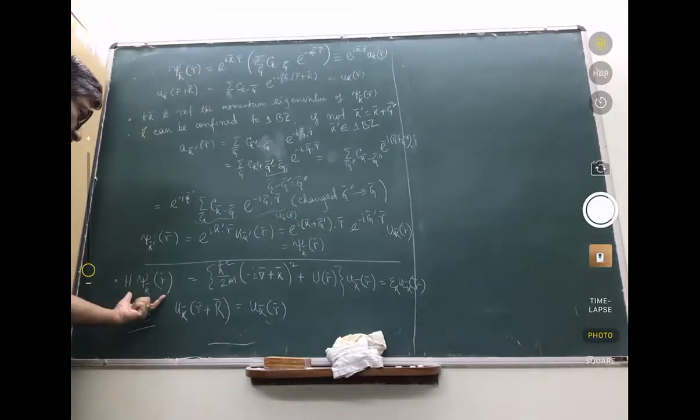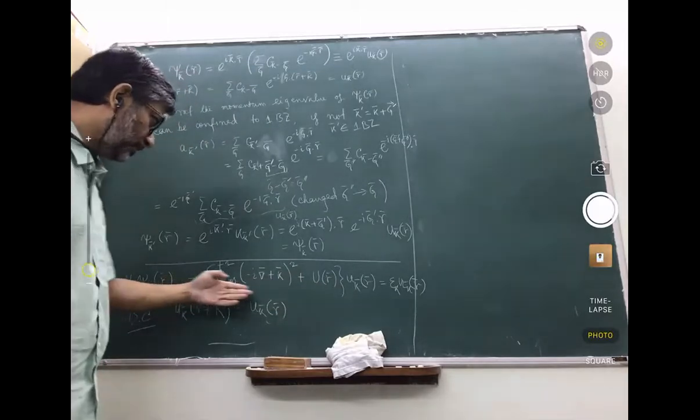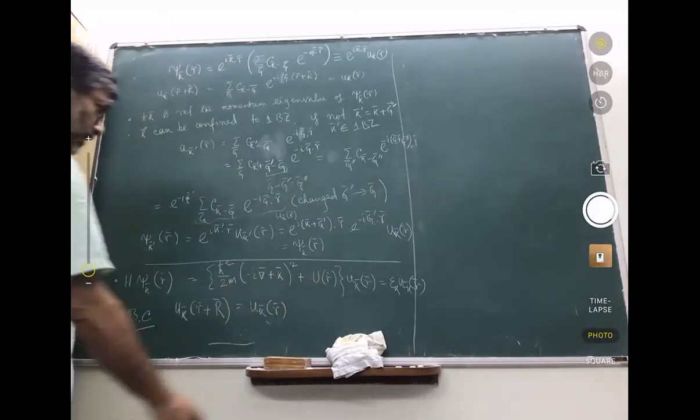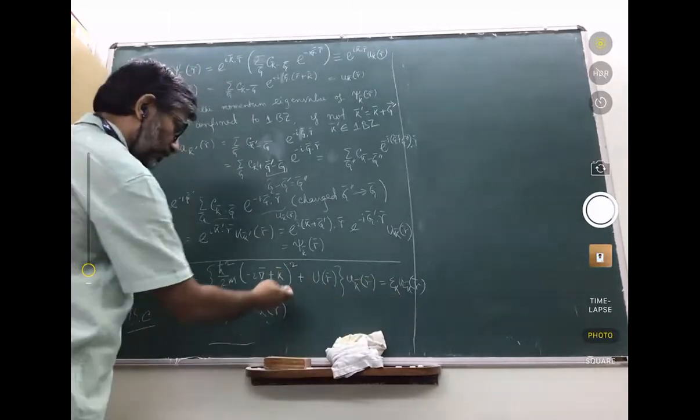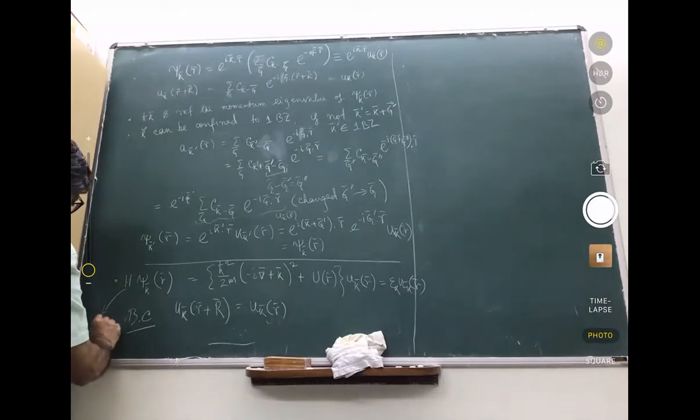And then I left the algebra part for you to figure out that if I take the full Hamiltonian of the electron in the periodic potential, apply it on this electronic wave function, then I'll end up getting this kind of an equation for uk. So this eigenvalue equation for uk. Remember, this was equal to epsilon psi k of r.